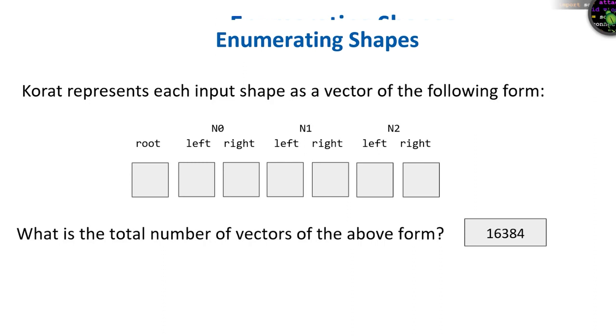Let's count the number of possible vectors we could consider. The root field could be null, n0, n1, or n2. So could n0.left, n0.right, n1.left, and so on. Since there are 7 fields with 4 choices each, that gives a total number of 4 to the power 7, or 16,384 candidate vectors.